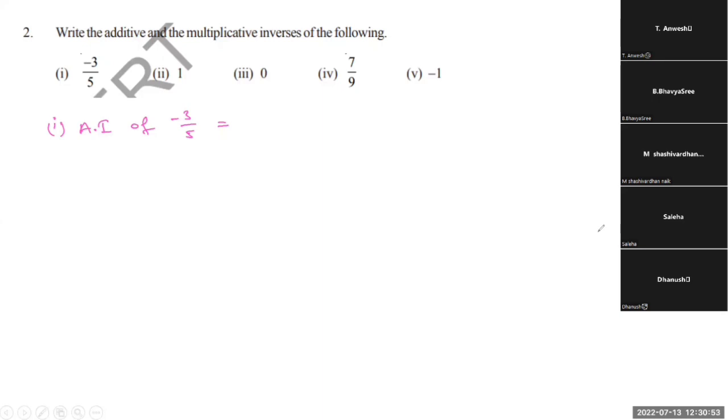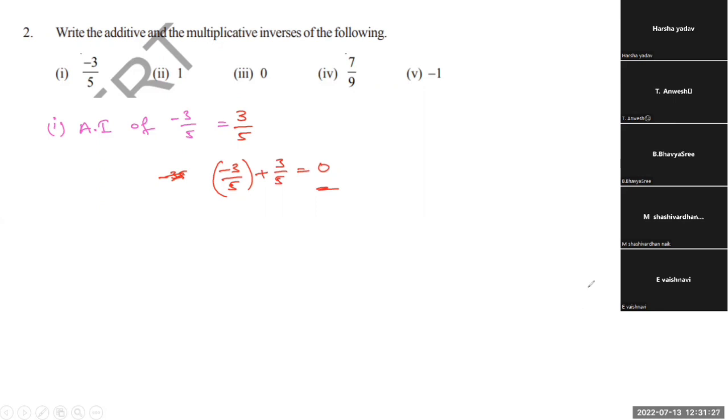No, it is wrong. It is plus 3 by 5. Why? Because what is the sum of these two values? Minus 3 by 5 plus 3 by 5. We got 0. So the additive inverse of minus 3 by 5 is plus 3 by 5.